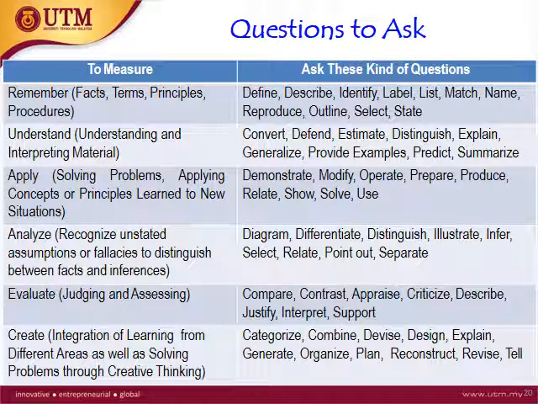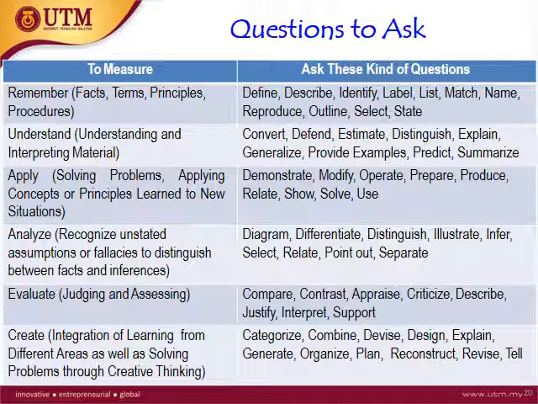So, question to ask. The table shows the level of cognition and samples of active verbs that we can use. For example, if you want to measure remember facts or terms or principles or procedures, then you can ask students to define, to describe, to label, to list, and so on.